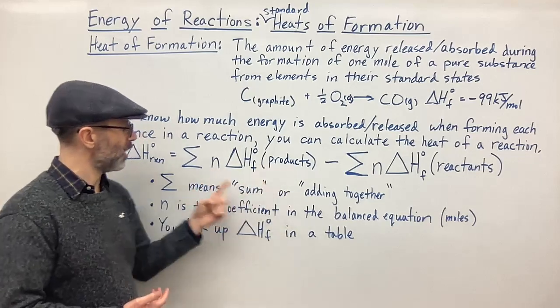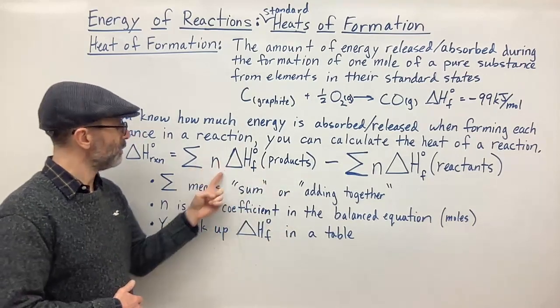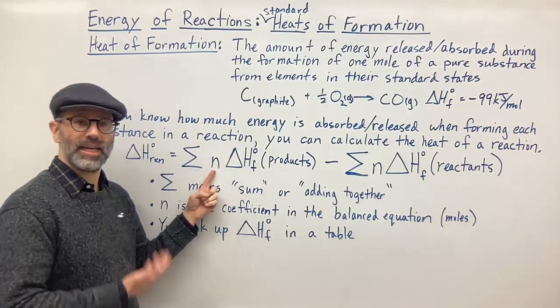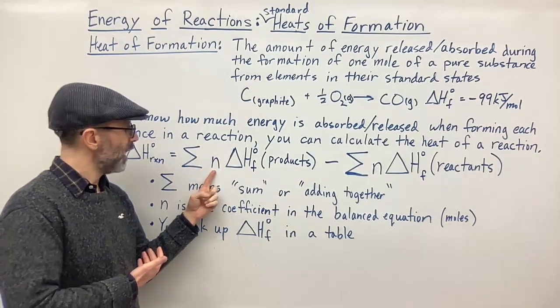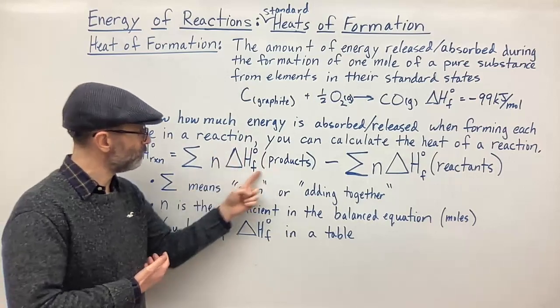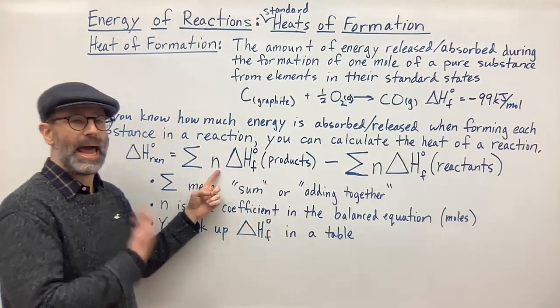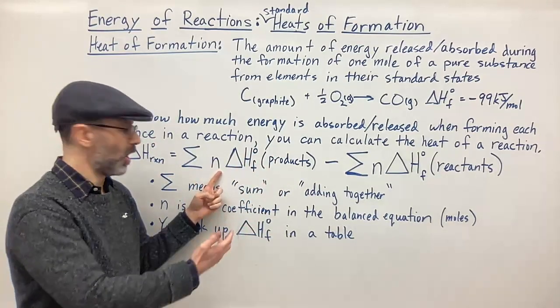So here I'm taking a product. So let's say I have two products. I'm going to take the coefficient or molar amount in the equation and multiply that by the standard heat of formation of that product. And then I'm going to add to that the next product.